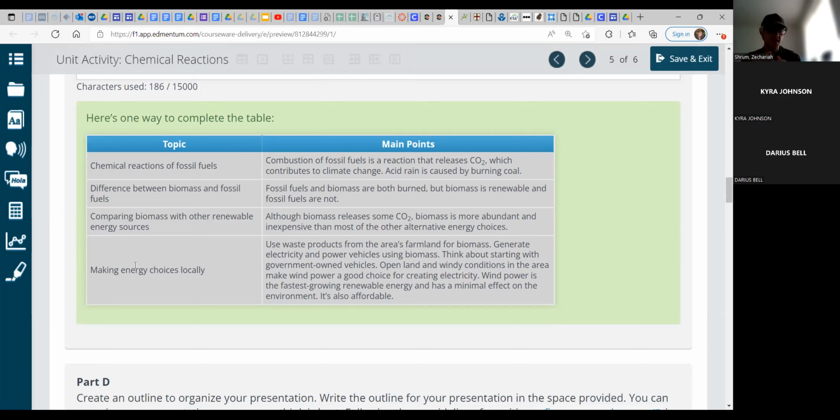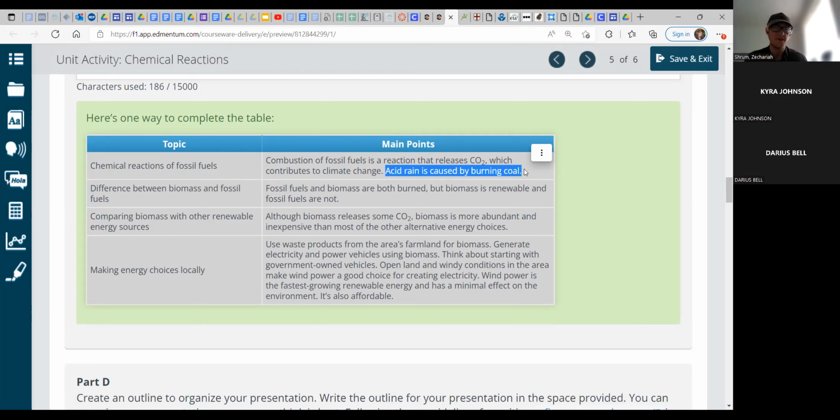So if things are flooded or areas are really dry, animals will die, plants will die, and that affects the entire ecosystem, and that affects how we can survive as well. And then we also have acid rain, which is tied to coal production and burning coal.